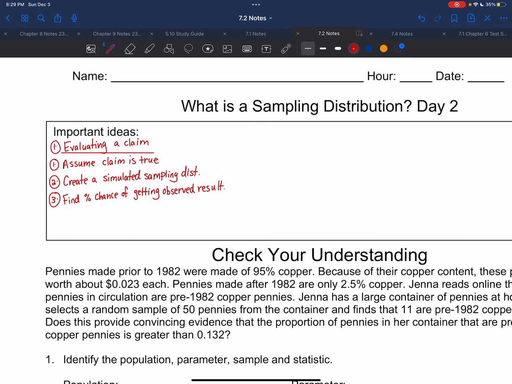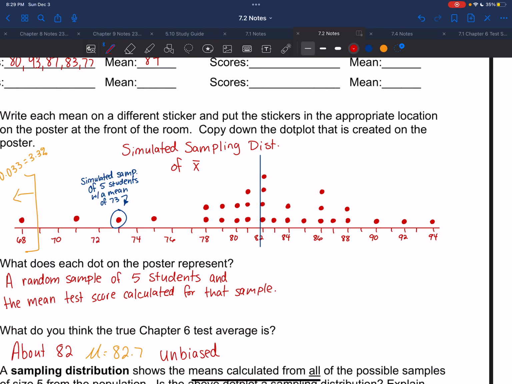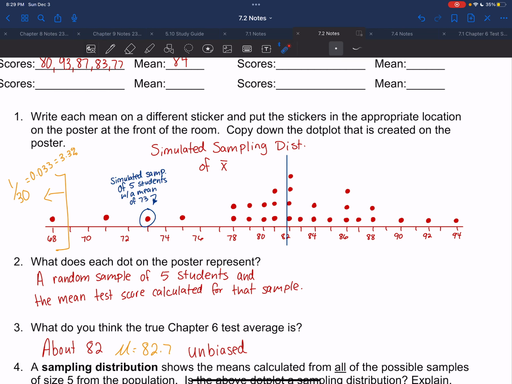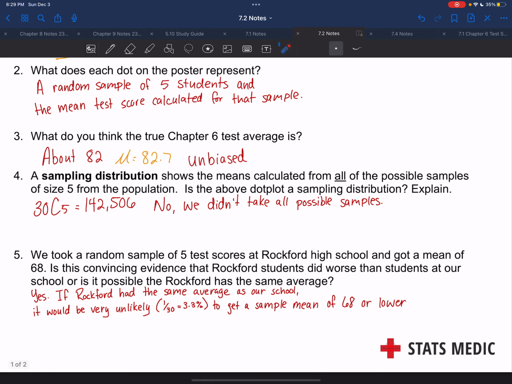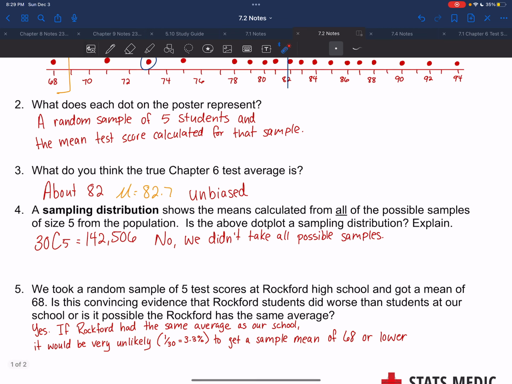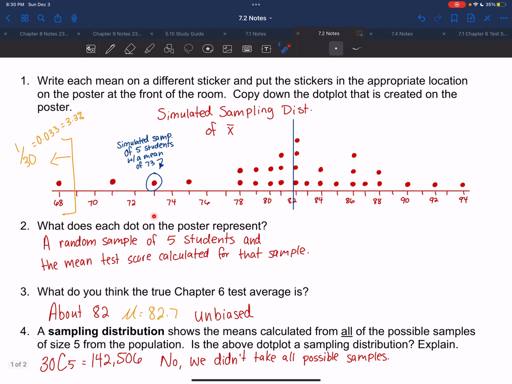Okay, so in a nutshell, this simulated sampling distribution that we have shows what could possibly happen just by random chance alone. All right. And then we take our real life value, in this case 68, and we see what are the odds of that happening.